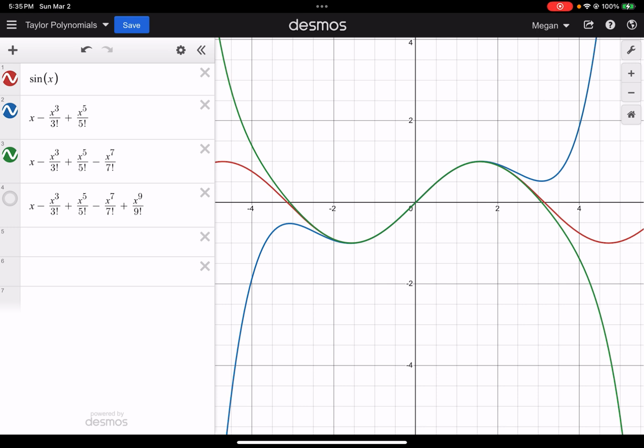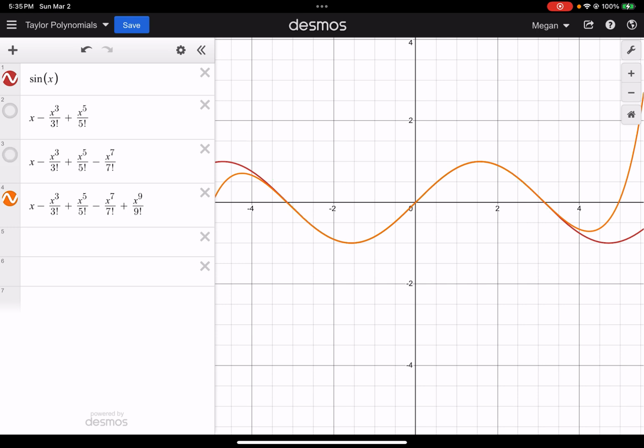So the interval where the green graph converges to the red graph is longer. I'll take the blue off. So obviously the green is more accurate. If I add another term, now the orange converges for a longer interval than the green does.